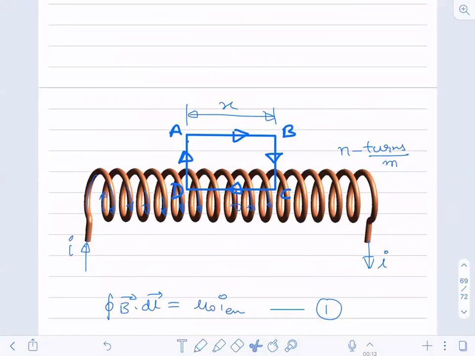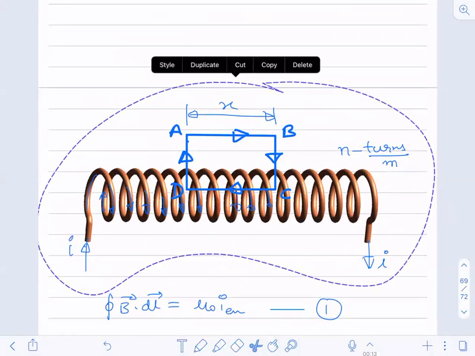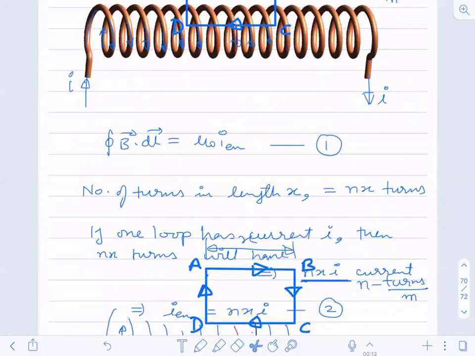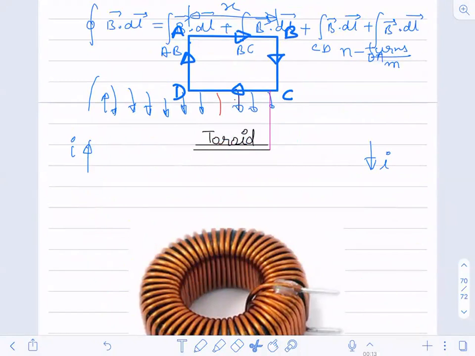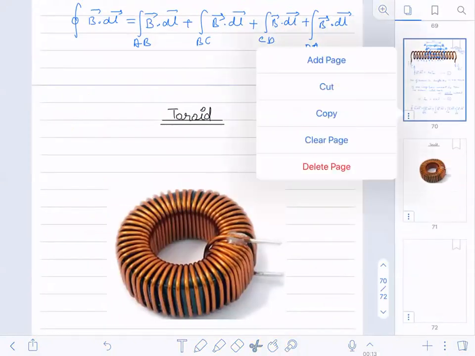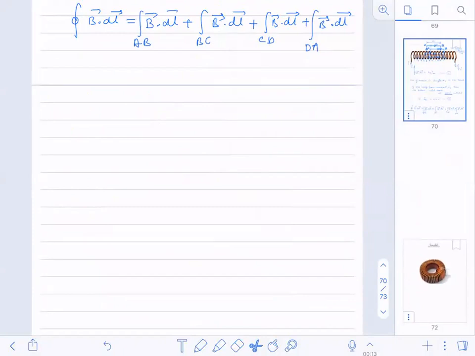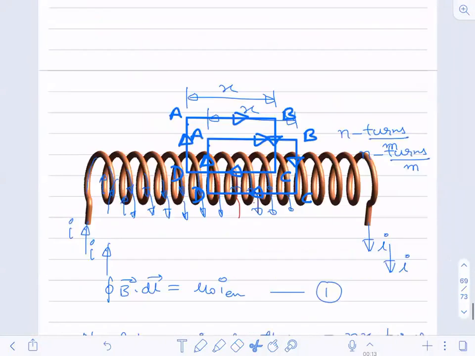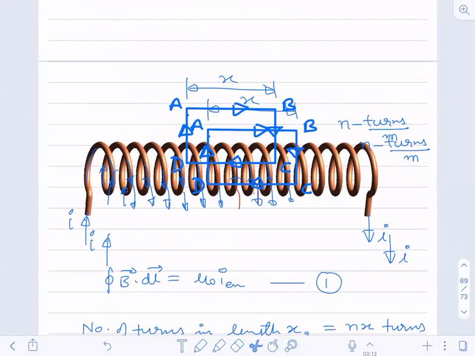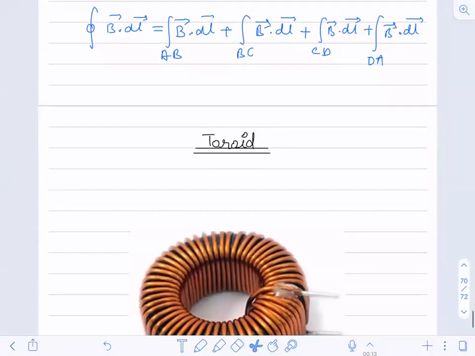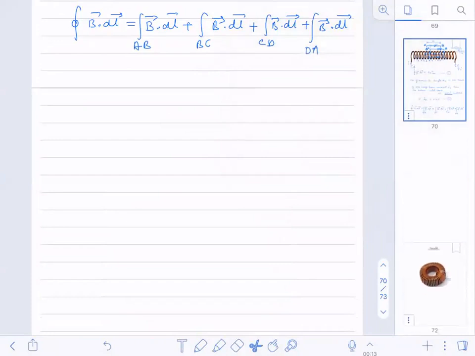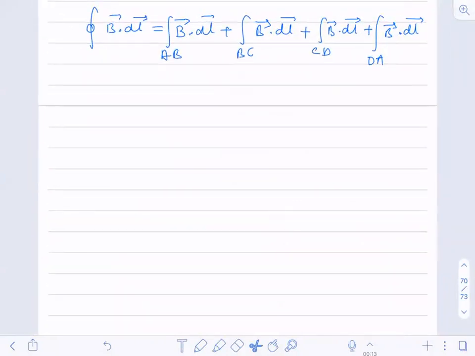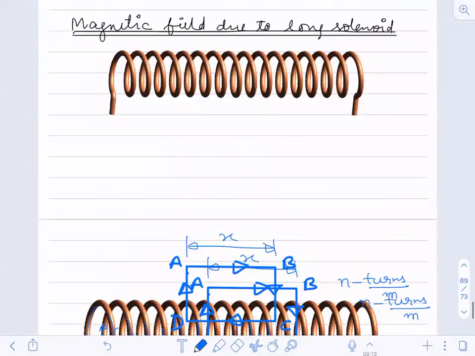I'm taking this complete figure again. Just see here.